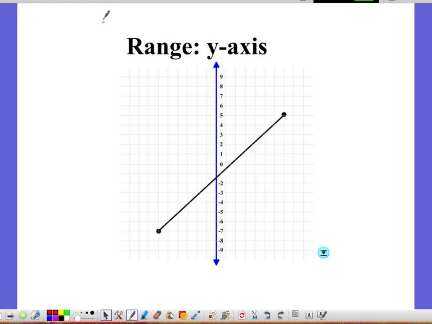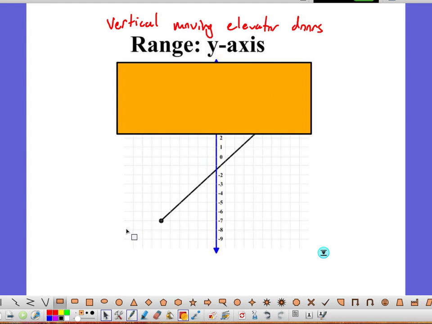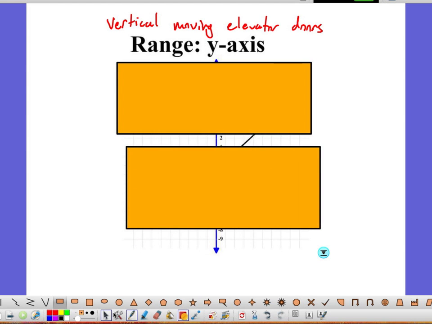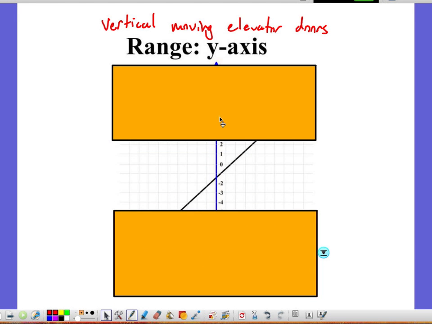And along with our looking for the range, we're going to be using vertical moving elevator doors. So again, the reason I call them vertical moving elevator doors is because they move up and down.